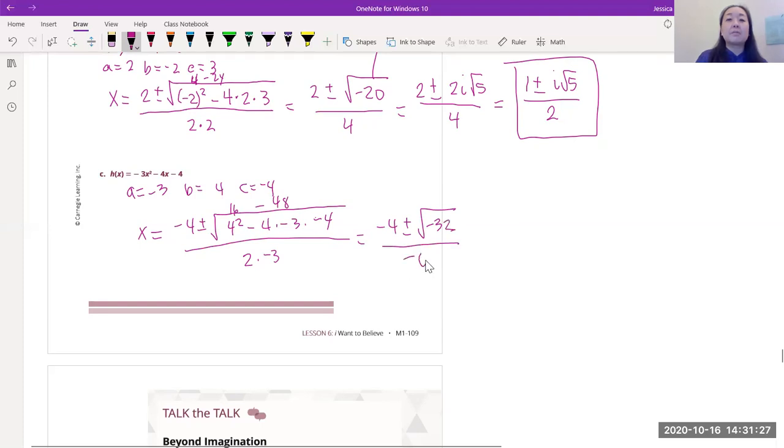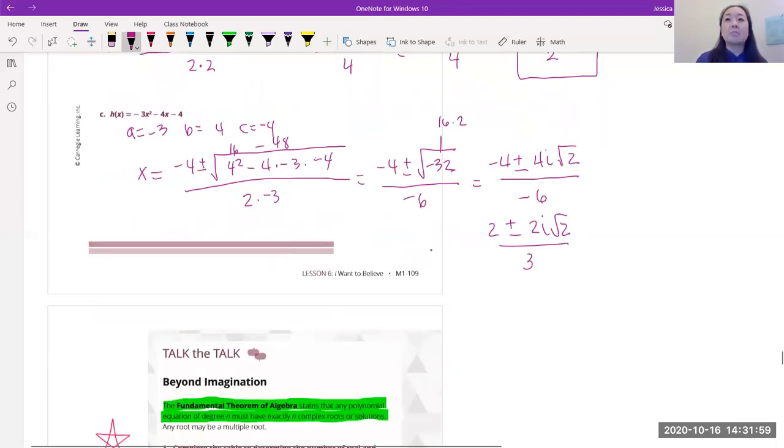And it's going to be over negative 6. My perfect square is 16, because 16 times 2 is 32. So it's going to be negative 4 plus or minus 4i root 2, because the square root of 16 is 4, over negative 6. Everything is divisible by 2, so negative divided by negative is 2 plus or minus 2i root 2 over 3. Okay, and that's going to be your answer right there.